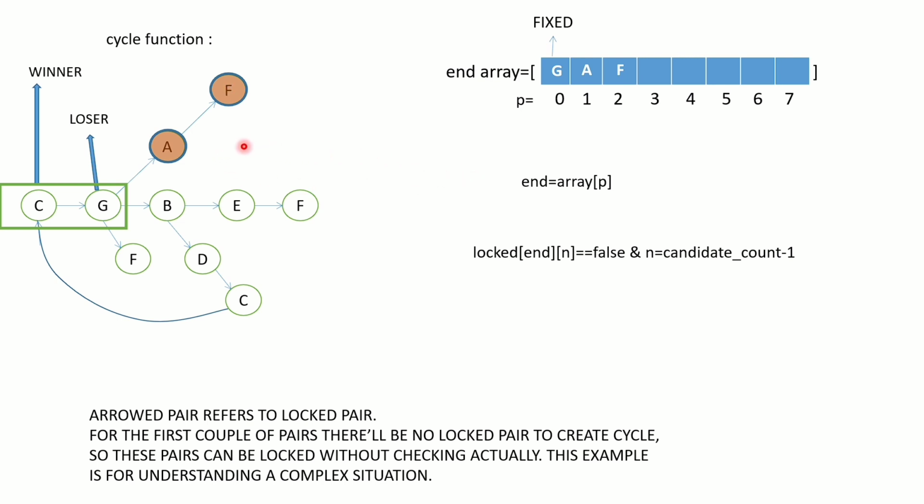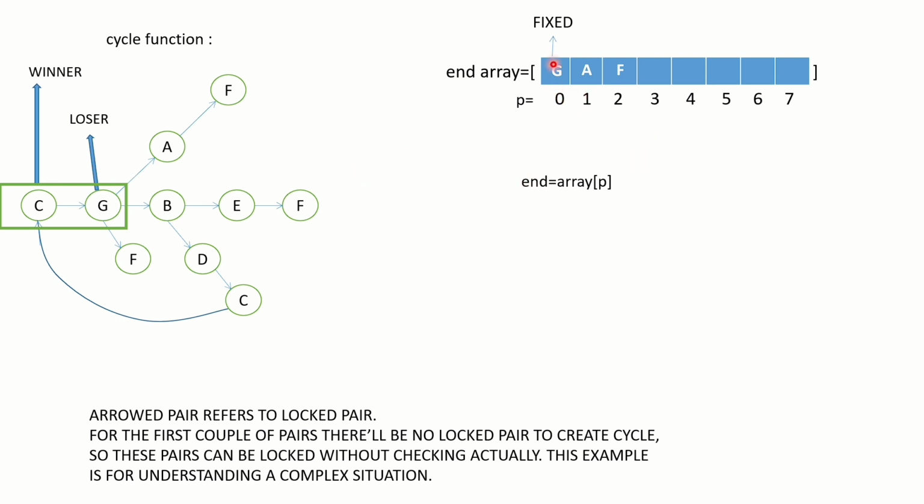How can we go back now? We have to decrease the value of p by 1. So p is actually 1 now. Then we have to go back again because there is no candidate except F that A is winning against. So we have to go back to G now.